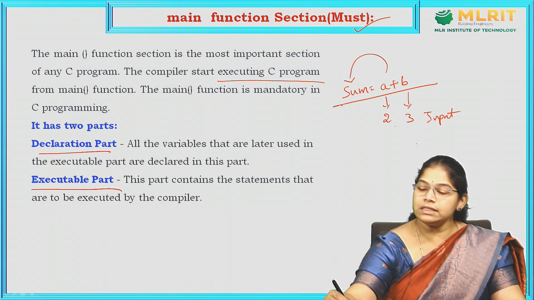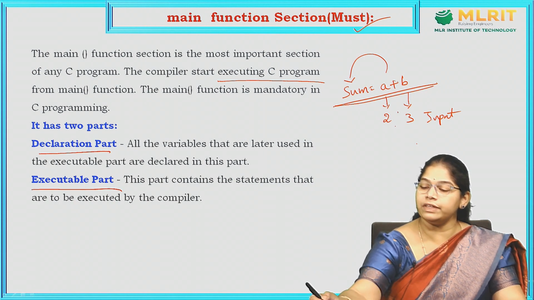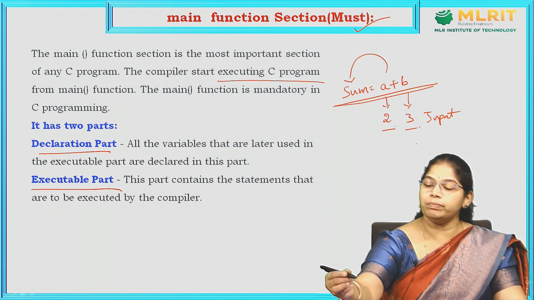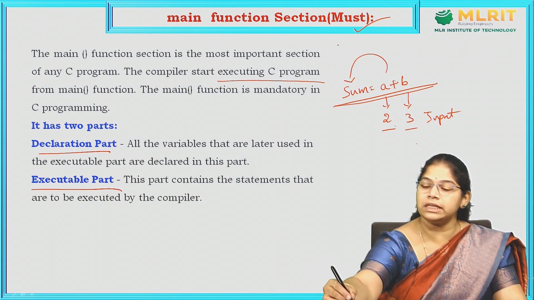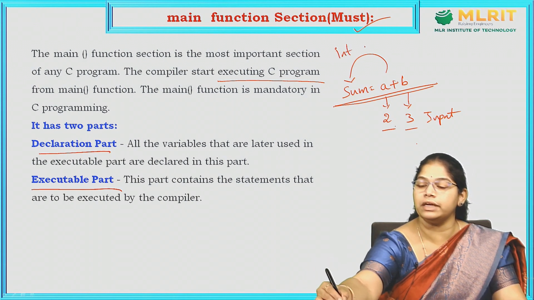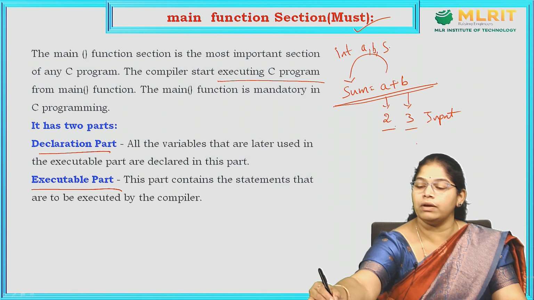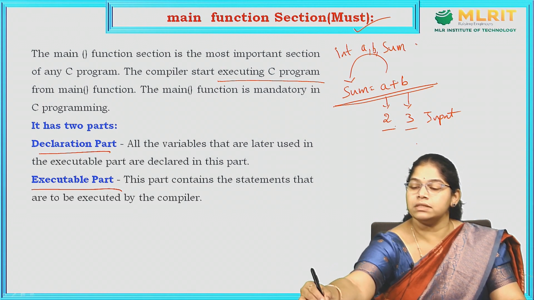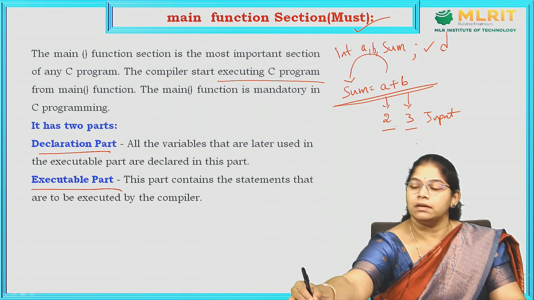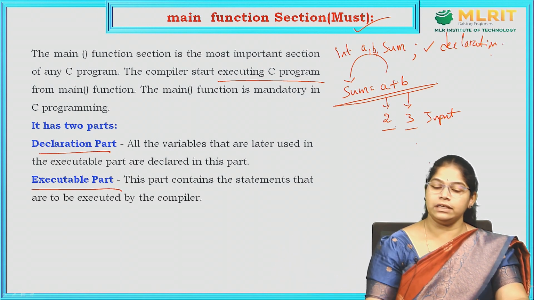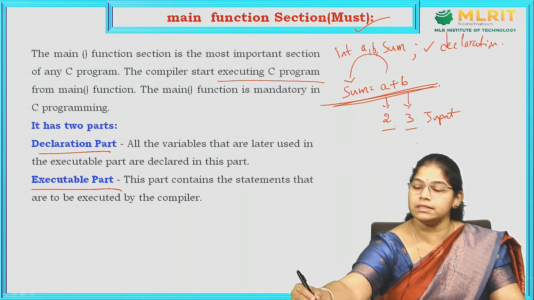So this is called the executable part, which takes the inputs of data type integer. Before that, to perform this statement, we have to declare int a, b, sum. This is called the declaration part.